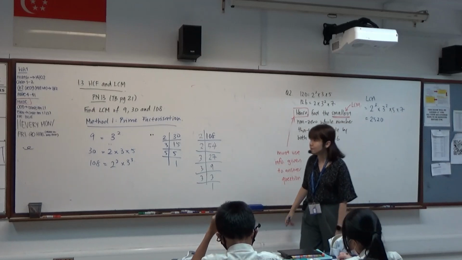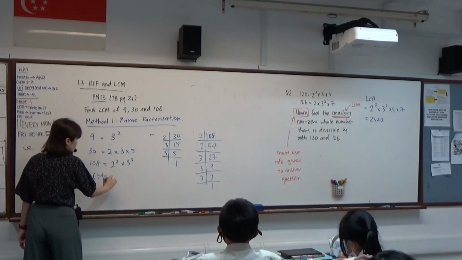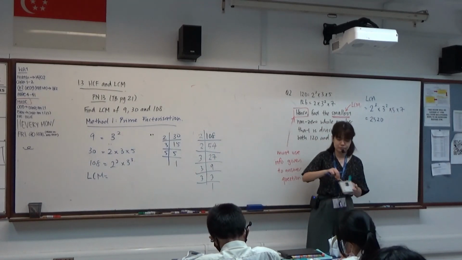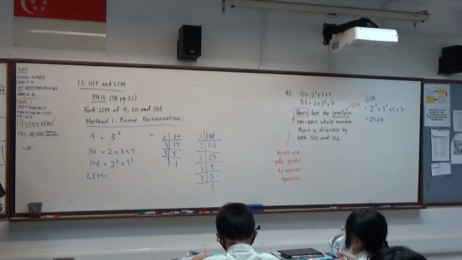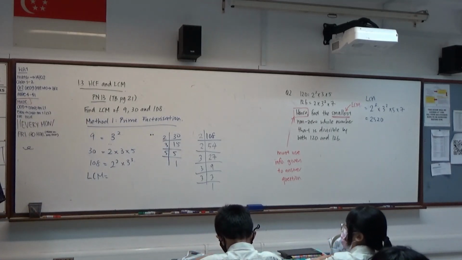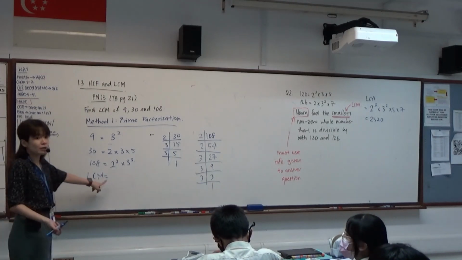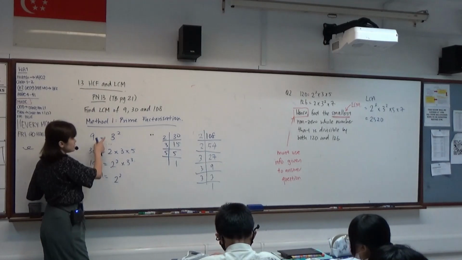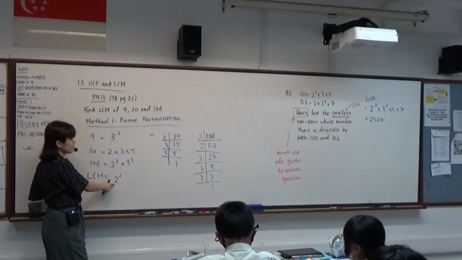So with the prime factorized form already, what will the LCM be? Ian? Where is my Ian now? Yes, Ian. What do I take out? 2 squared, okay? So notice that down here we have 2, but there's 1, 2 and 2 2's over here, we take out 2 squared.